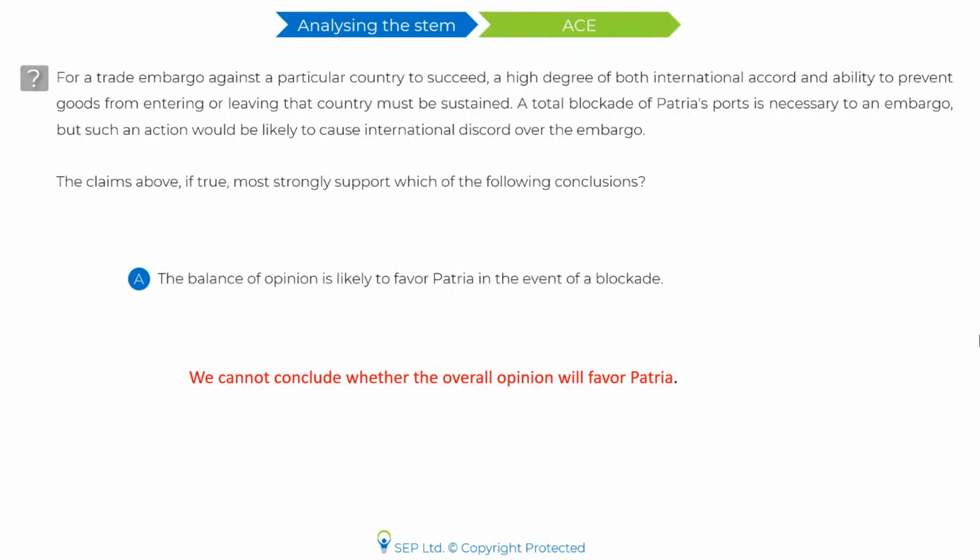The balance of opinion. Now, when you say balance of opinion, balance of anything is about the plus and the minus. So let's say plus would be the agreement countries, because remember there is a discord. Discord means some will agree and some will disagree, right?